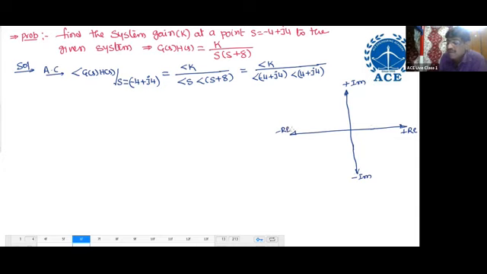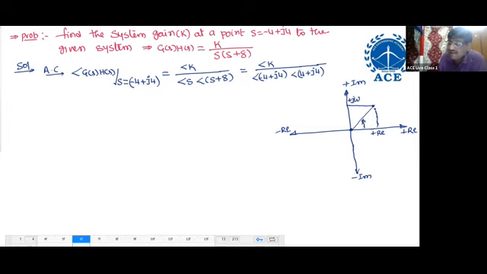If the point lies in the first region, with positive real and positive imaginary, for example plus 1 and plus j omega, what is the angle? If the point lies in the first region, what is this angle?